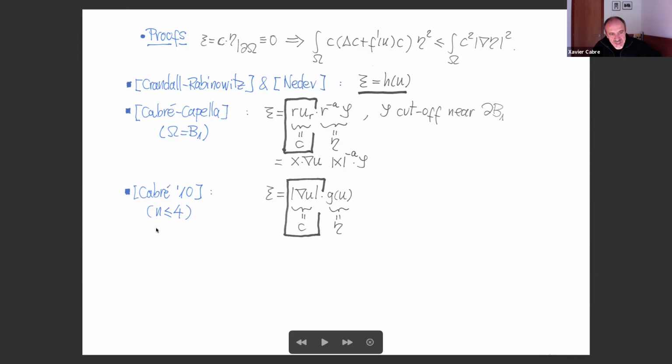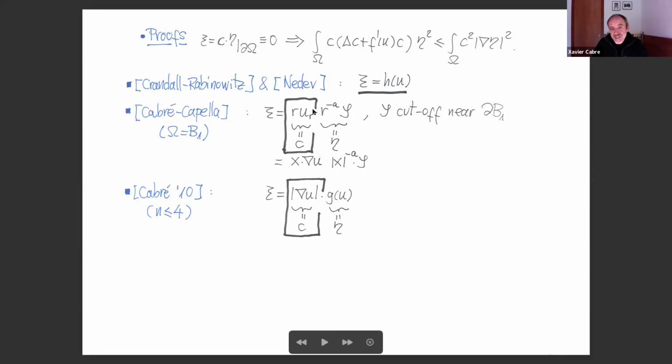Instead, in my paper in dimension 4, in the non-radial case, I took a very different test function C, which came from a very important paper in Allen-Cahn by Sternberg and Zumbrun, which is the modulus of the gradient. Of course, in the radial case, UR is also the modulus of the gradient, pretty much, because UR will have a sign, so it is the same.